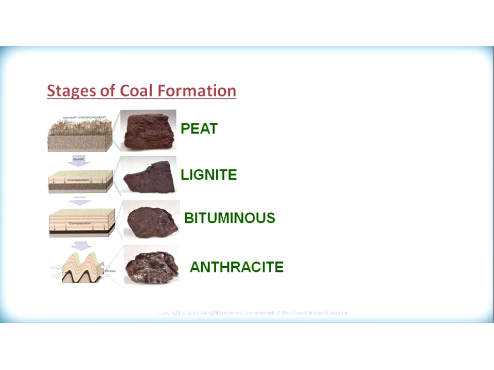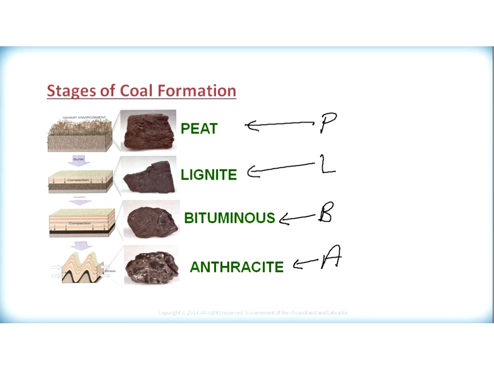A good way to remember the stages in the formation of coal is to remember the first letters in each of the stages. For example, we can remember the letters in order: P, L, B, and A. P would stand for peat, L would stand for lignite, B, bituminous, and A, anthracite.